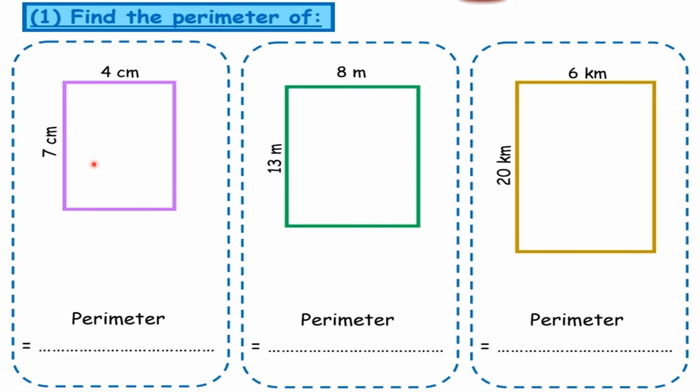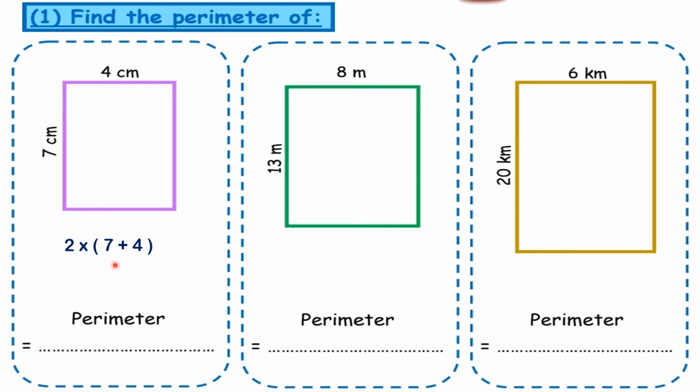Let's find the perimeter of this rectangle. As we know, the perimeter of a rectangle is 2 by length plus width. So if I want to know the perimeter of this rectangle, I will put here 2 by 7 plus 4, because the length here is 4 and the width is 7.